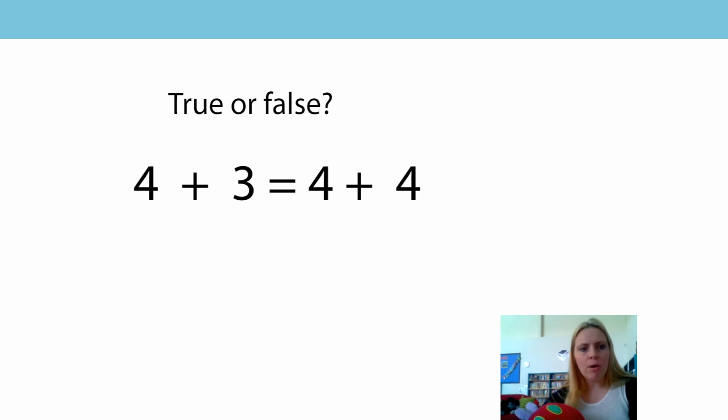Say it with me. 4 plus 3 is the same as 4 plus 4. Hey, don't shout at me. Is it true? Is this one right? Maybe you can tell me really quickly if it is true or false, but you're going to have to tell me why. So do take a second to think, is it true, is it false, and why?